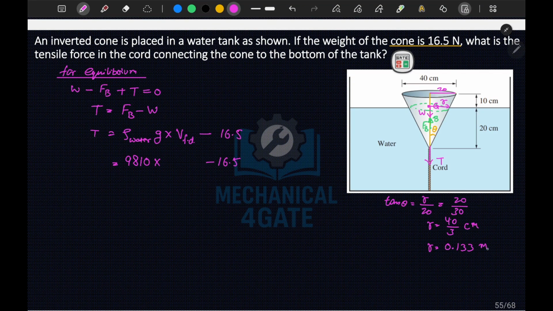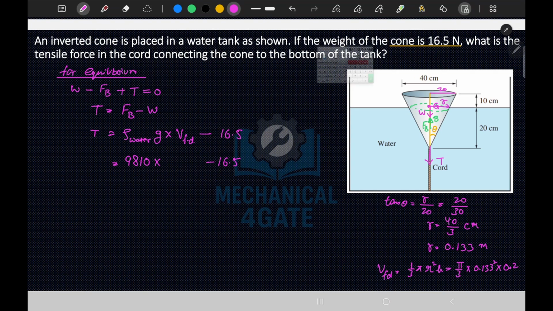So r is equal to 0.133 meter. If I talk about the volume, volume of fluid displaced will be given by 1 by 3 pi r square h. This is the volume of a cone, so it equals pi by 3 times r square, 0.133 square, and h is 20 centimeter, which is 0.2 meter.